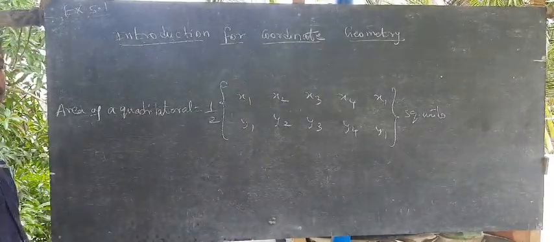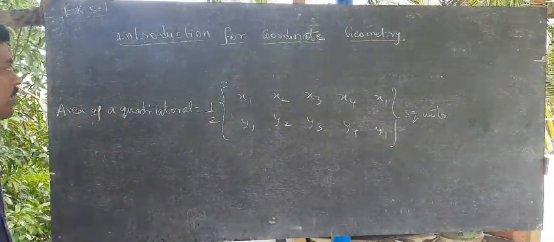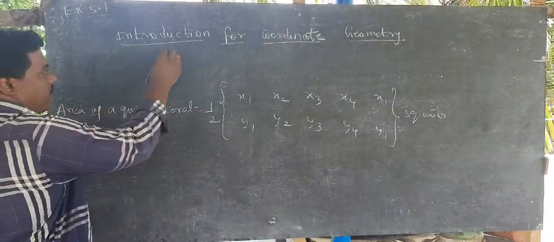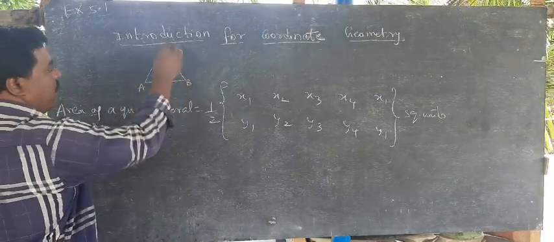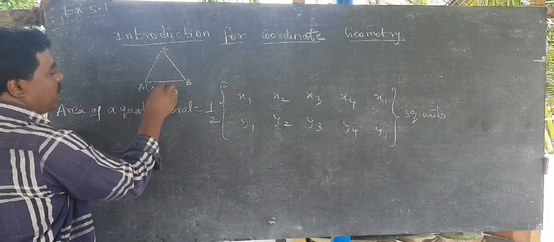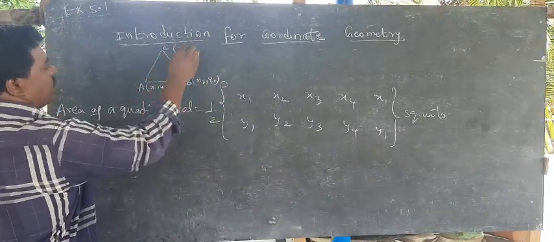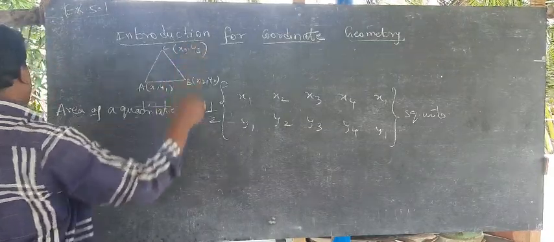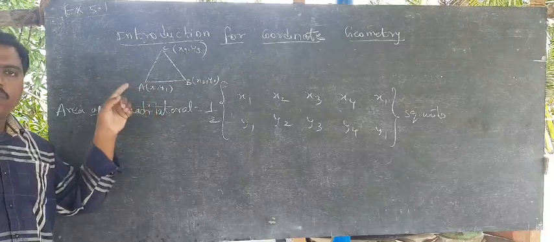So listen, area of the quadrilateral. For a triangle we have 3 points, because this is one triangle A, B, C: x1, y1, x2, y2, x3, y3. So we use 3 points for the area of the triangle.